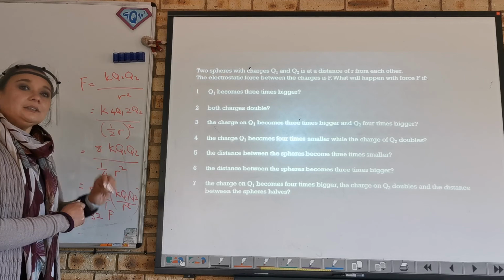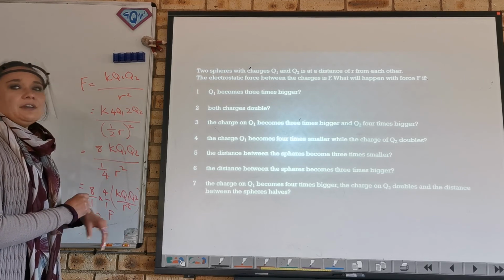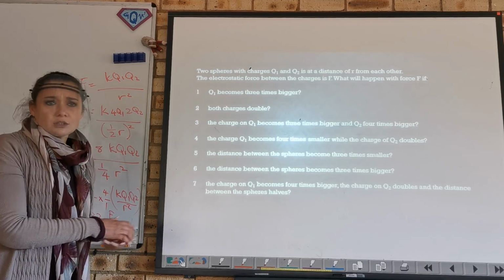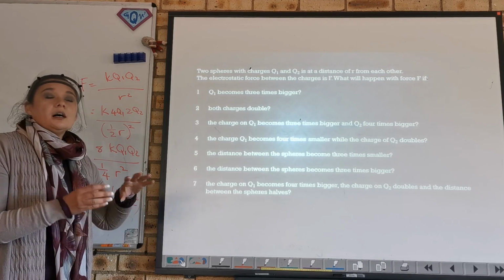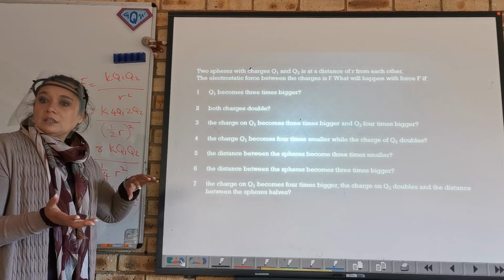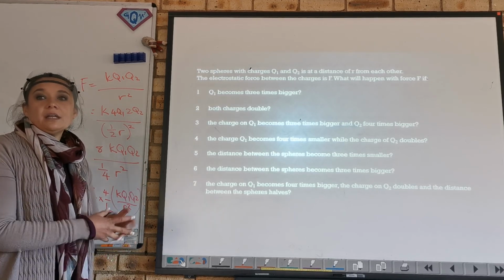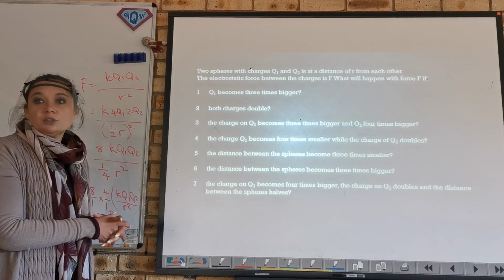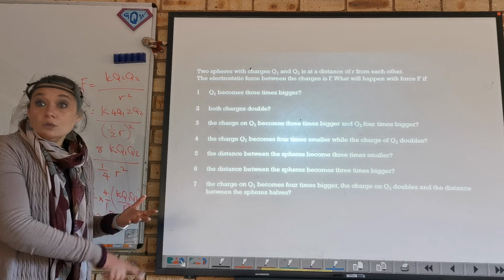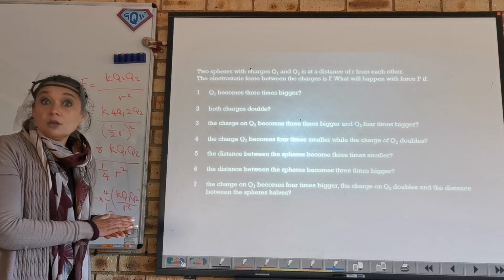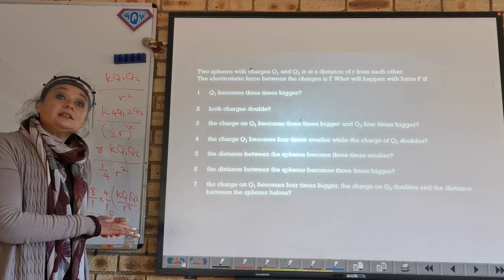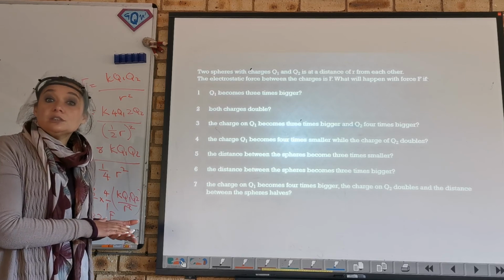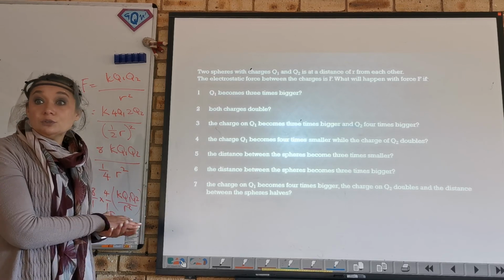Particularly in this one, charge is never actually measured in coulombs straight. It's usually measured in a variation of the coulomb, or in a power of the coulomb, or in a fraction of the coulomb. So we're talking about nano, micro, milli, pico as well. Which means those are conversions that you will need to be completely happy with using.